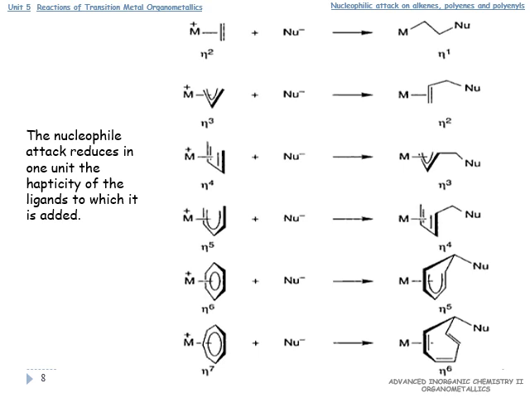Since the metal is likely to have bound to the least hindered face of the free alkene or polyene, we may therefore see a selective attack of the nucleophile on what was the more hindered face in the free polyene. This is often useful in organic synthetic applications.